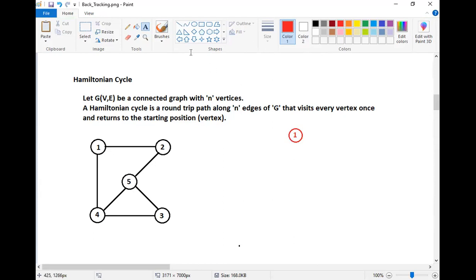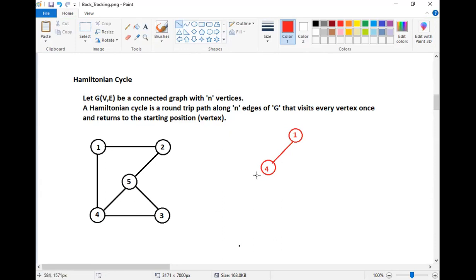From 1, how many possibilities are there? 2. Since there are 2 possibilities, I will go to the left side first. Let me say from 1 to 4 I will travel, and I will connect these 2 vertices with a path. Then from 4, where else can I go? 5 and 3.